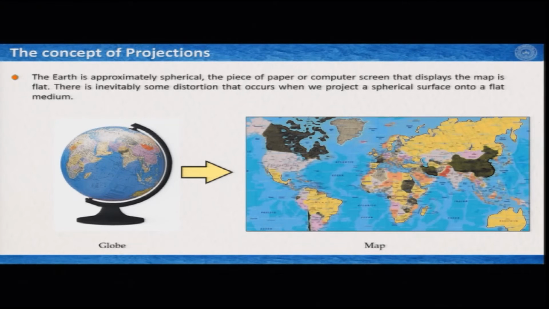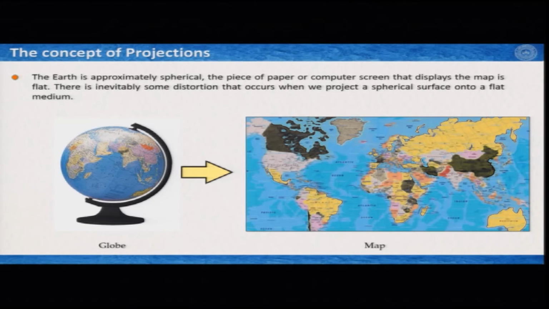Now, how is this spherical map converted to this map? If you try to do that, say if you break this globe and try to make a rectangular area, interestingly you cannot do it. If you have to fit it, you have to stretch some areas, you have to deform some areas of this globe, and then only you can make this flat map.